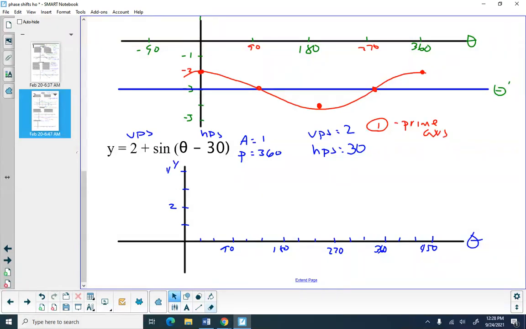So at a value of 2, I'm going to draw on my prime axis.